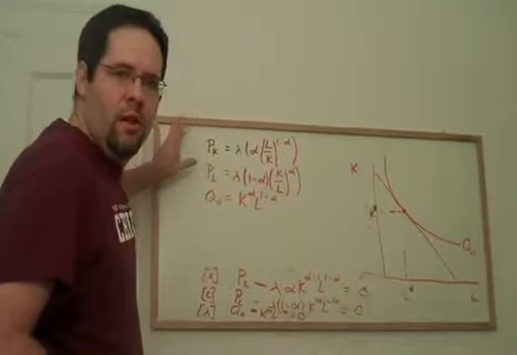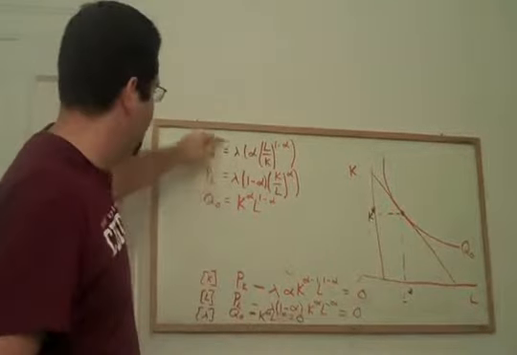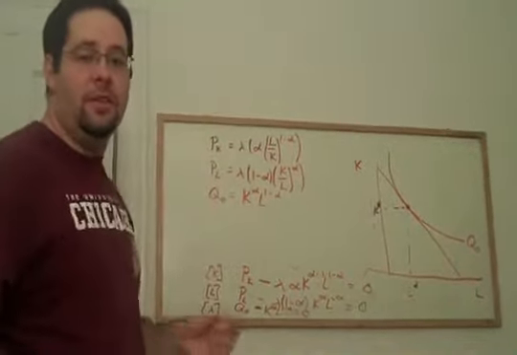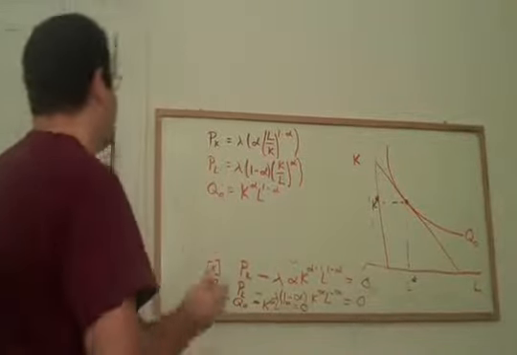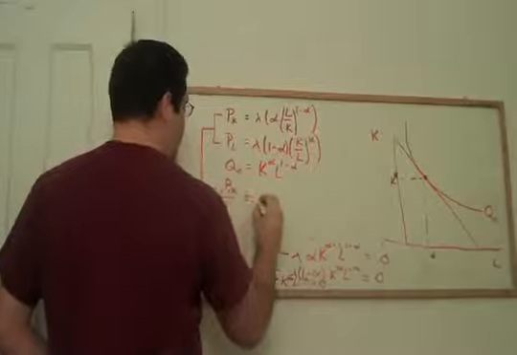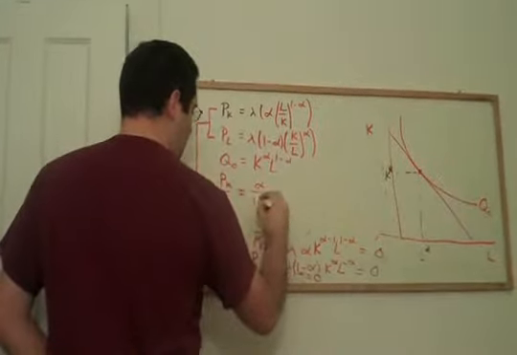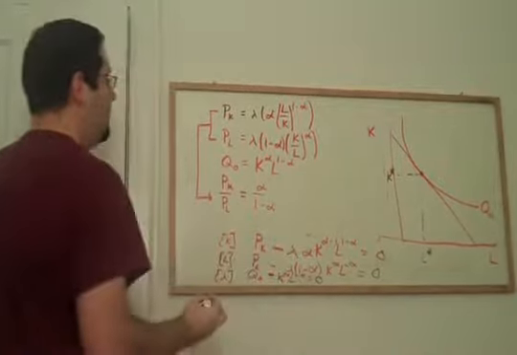So one way to get rid of lambda is to just take the ratios of these first 2 equations. The lambdas will cancel, and we'll get something that's a lot simpler to work with. So let's go ahead and do that. We get pk over pl on the left-hand side. The lambdas will cancel. We'll get an alpha over 1 minus alpha.